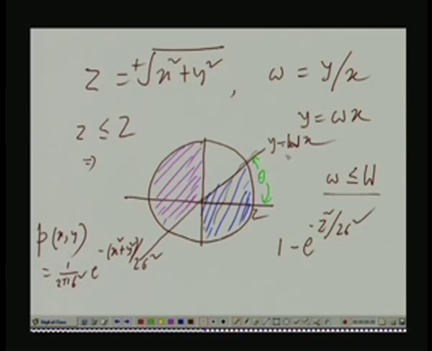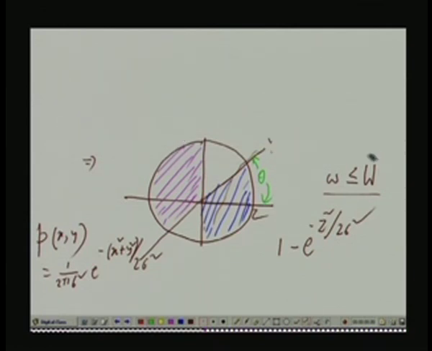Theta is nothing but tan inverse capital W. So this total angle is, let me erase some portion, pi by 2 plus tan inverse W.